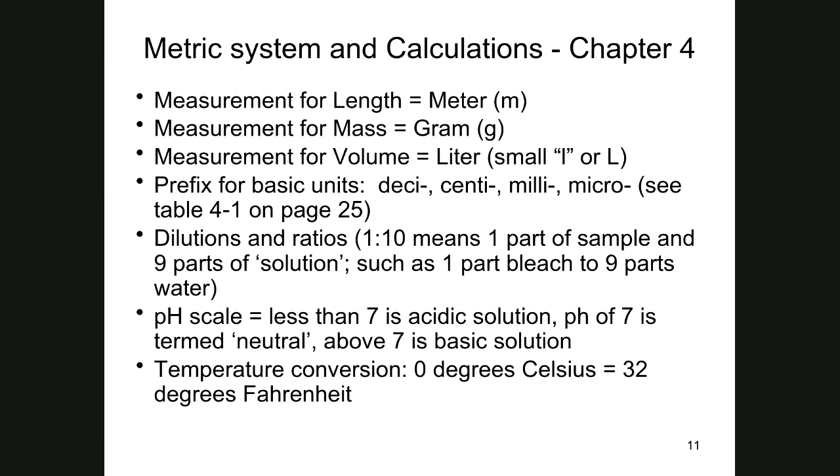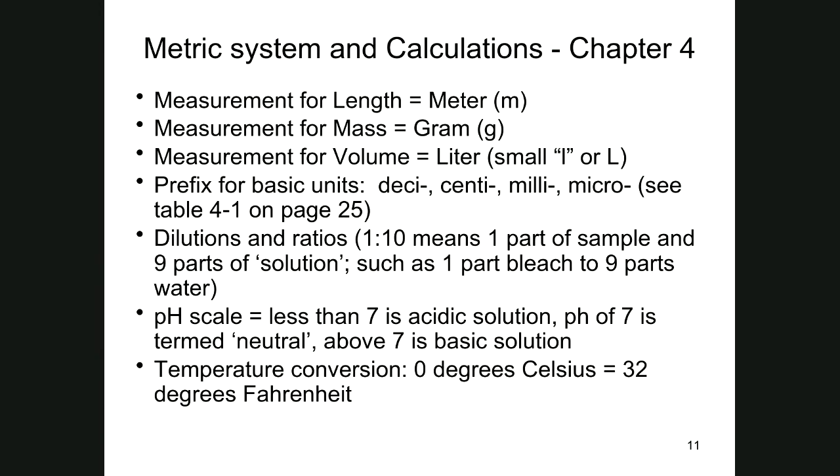And also with crystals in urinalysis. But you should know the abbreviations, that a meter is an m, gram is small g. If it's a liter, it's a small l or a capital L. And then there's a nice table in there on page 25 that talks about the basic units, deci, centi, milli, micro, okay?